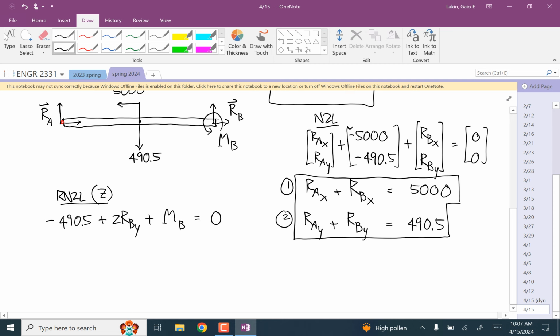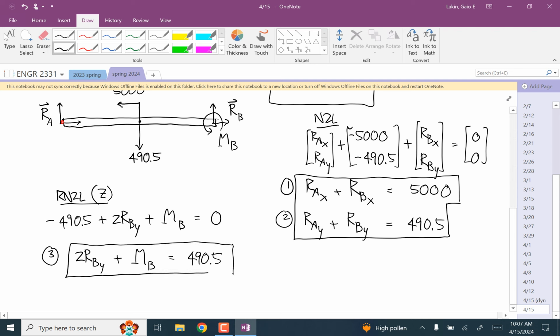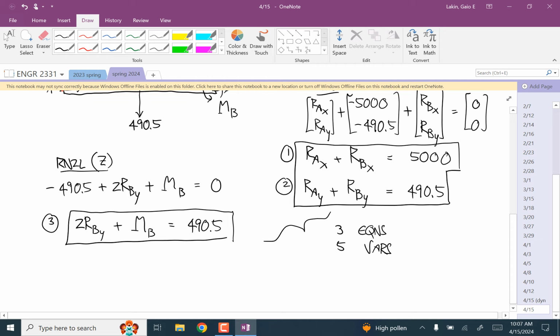And so our third equation says 2RBY plus MB is equal to 490.5. And this is a system of 3 equations for 5 variables, so we can't solve it. And so we know this is statically indeterminate.